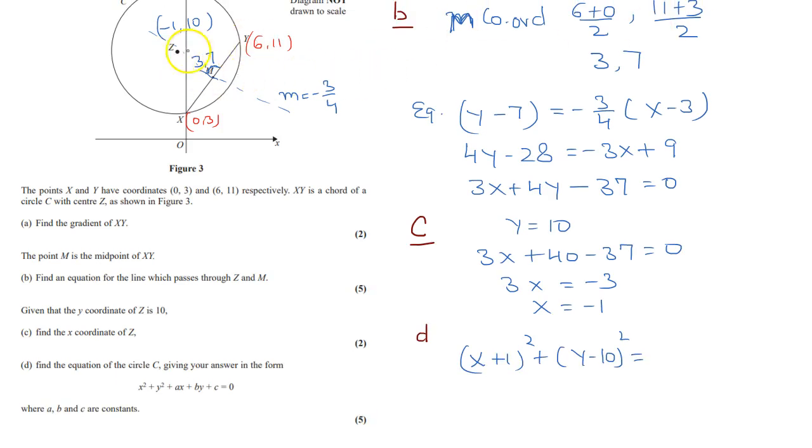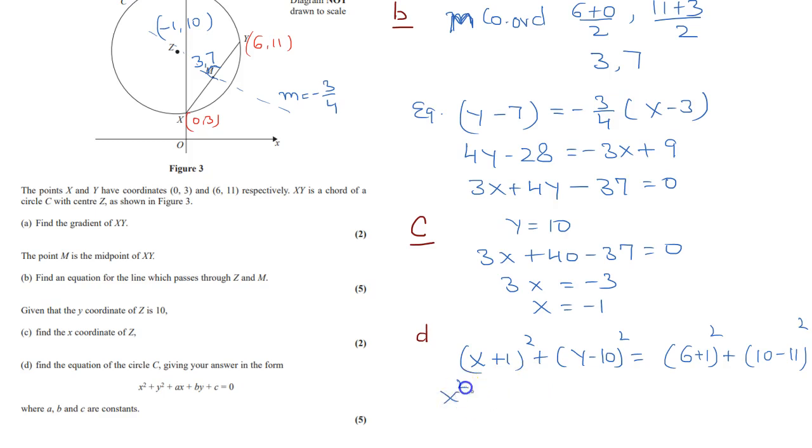R square is this distance. So this distance is 6 plus 1 square, x2 minus x1, 6 minus minus 1, plus 10 minus 11, or 11 minus 10 square.